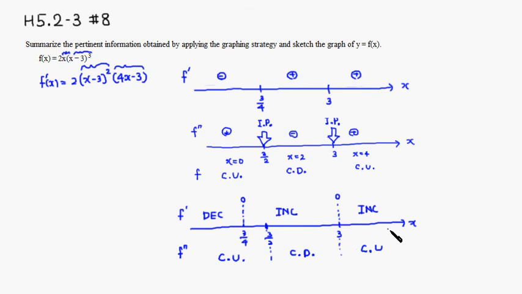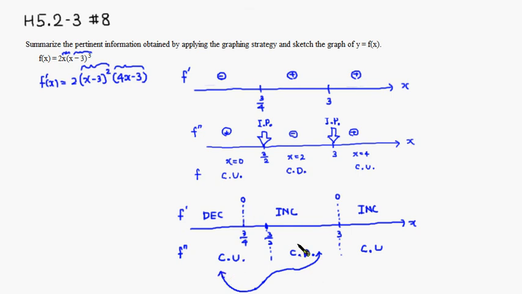So the graph is going to look like this. It's going to decrease and be concave up, then increase in the concave up, then increase in the concave down, and increase in the concave up. So that's the ballpark shape.